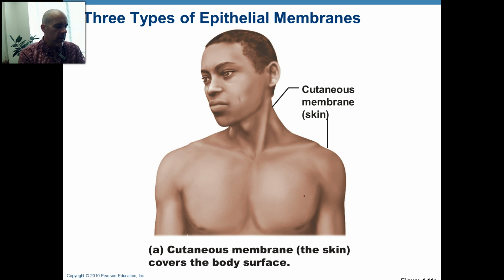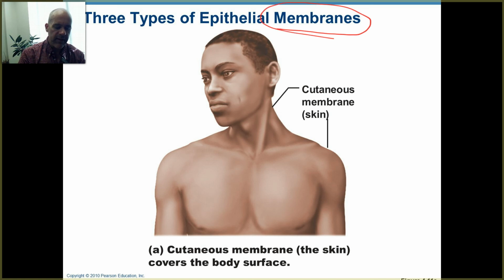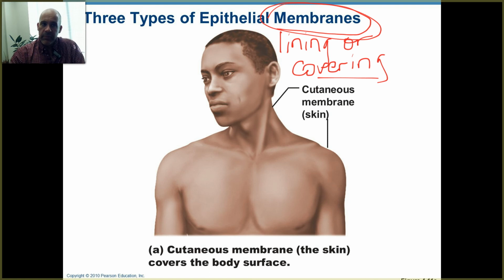All right, some other terminology I want you guys to be familiar with. There's another use of the term membrane, which we've seen before. A membrane is a lining or a covering. We've already seen a use of this because we studied plasma membranes. Those are coverings around individual cells, so that's a membrane at a microscopic level.